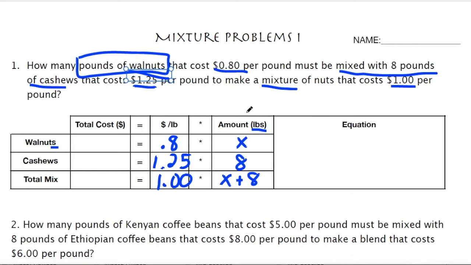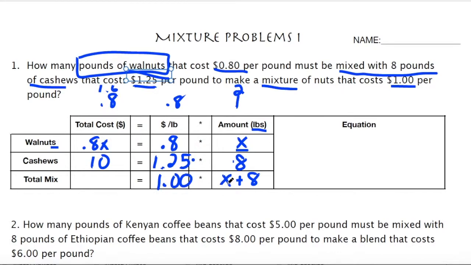So it makes sense that if I bought 1 pound of walnuts and it cost 80 cents a pound, the total cost would be 80 cents. If I bought 2 pounds of walnuts at 80 cents, I'd pay $1.60. If I bought X pounds at 80 cents, it would be 80 cents times X. For the cashews, 8 pounds times $1.25 is equal to 10.